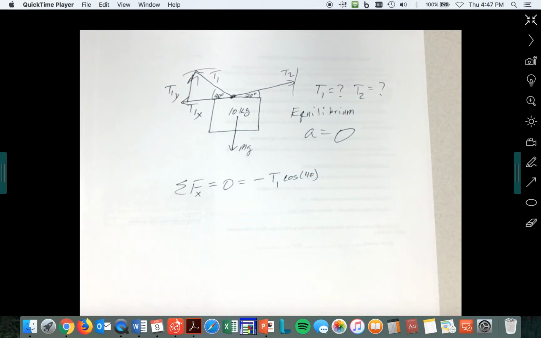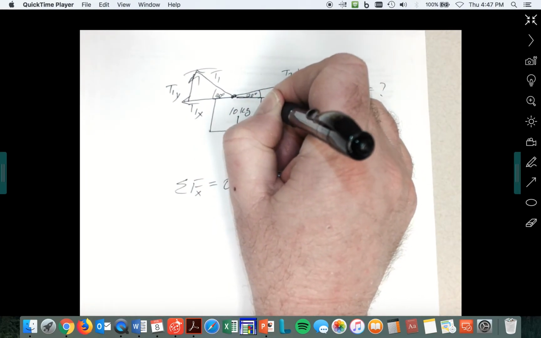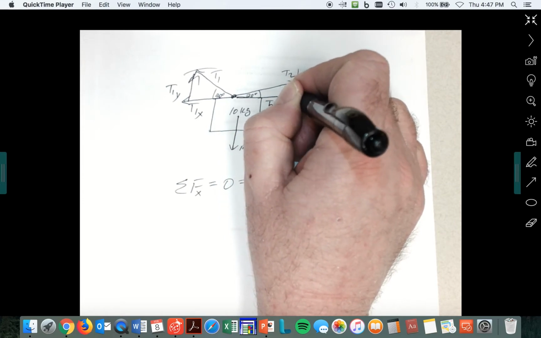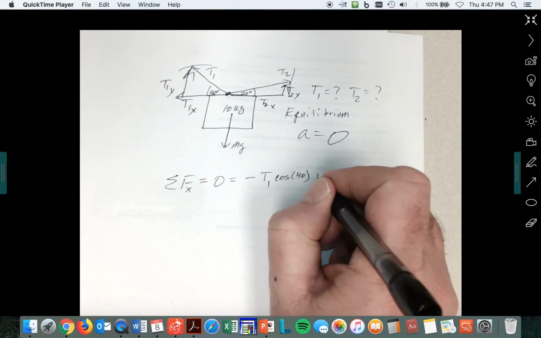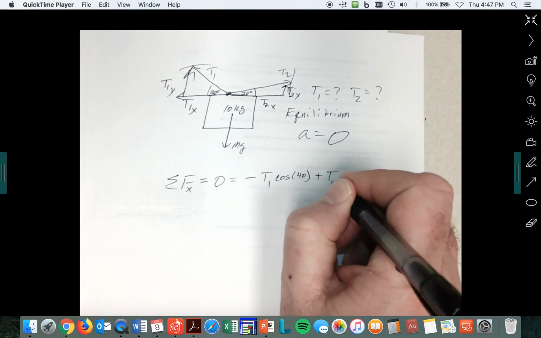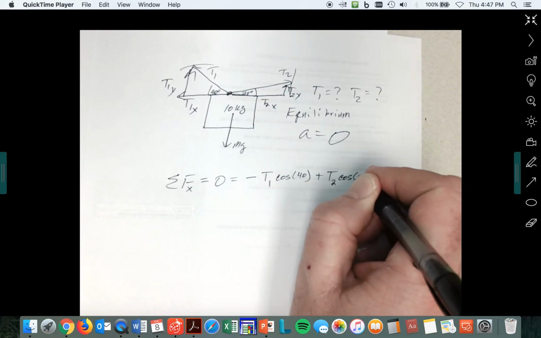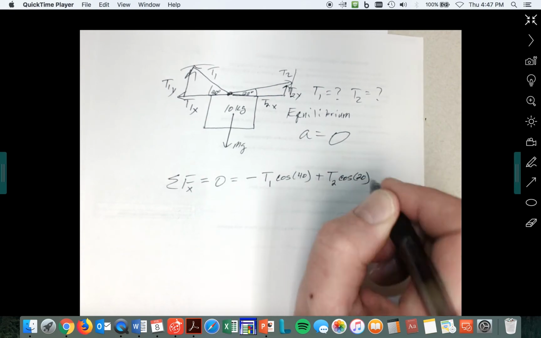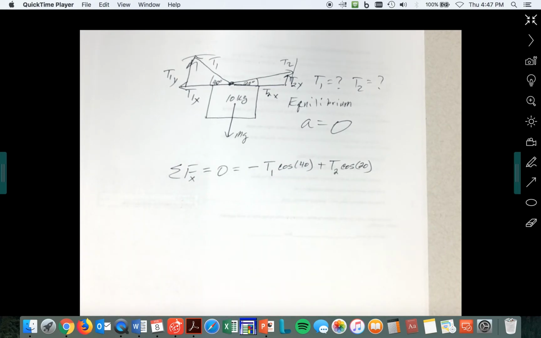But there's also T2x and T2y. Now we've got all the forces. They all add up to zero. We're just going to play with them. So plus T2 cosine of 20, and that equals zero because the acceleration is zero.